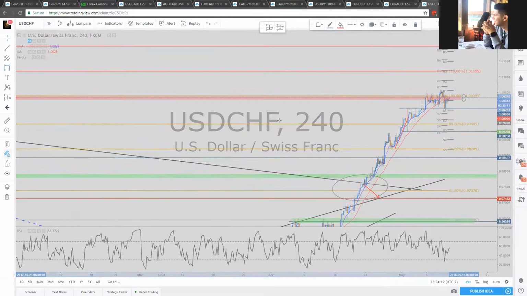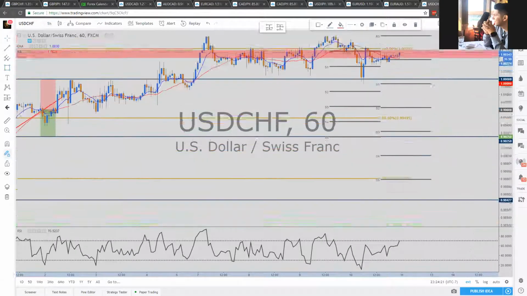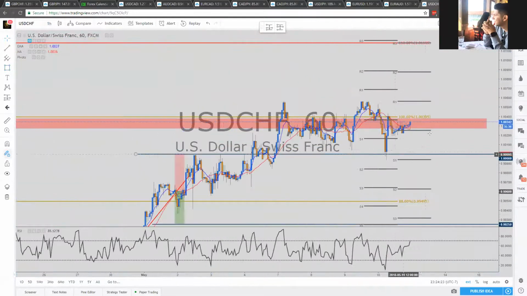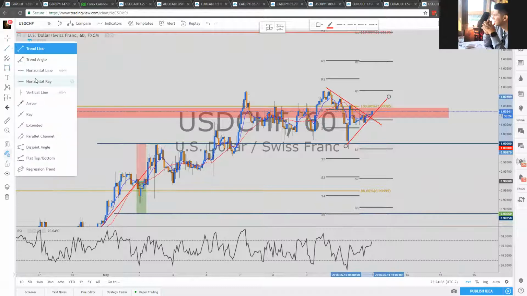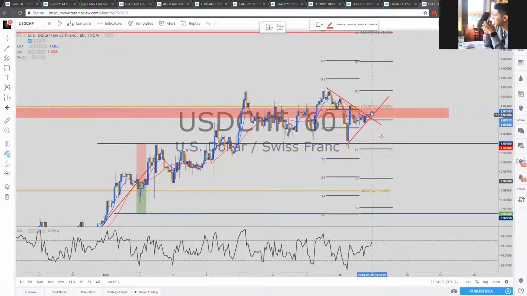So I should be expecting it to be reversing off this area. If I was to trap it, it did break this resistance area, so it is showing it's going up right now. But if it breaks below and comes back into place, then I'd catch this one for the sell.